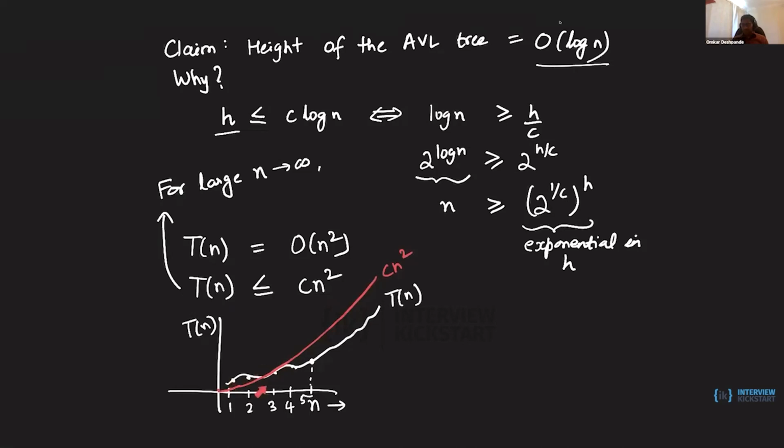And note that this property need not hold for small values of n. Just like insertion sort can be quite fast for small values of n, even though it's n squared, it can run faster than merge sort.